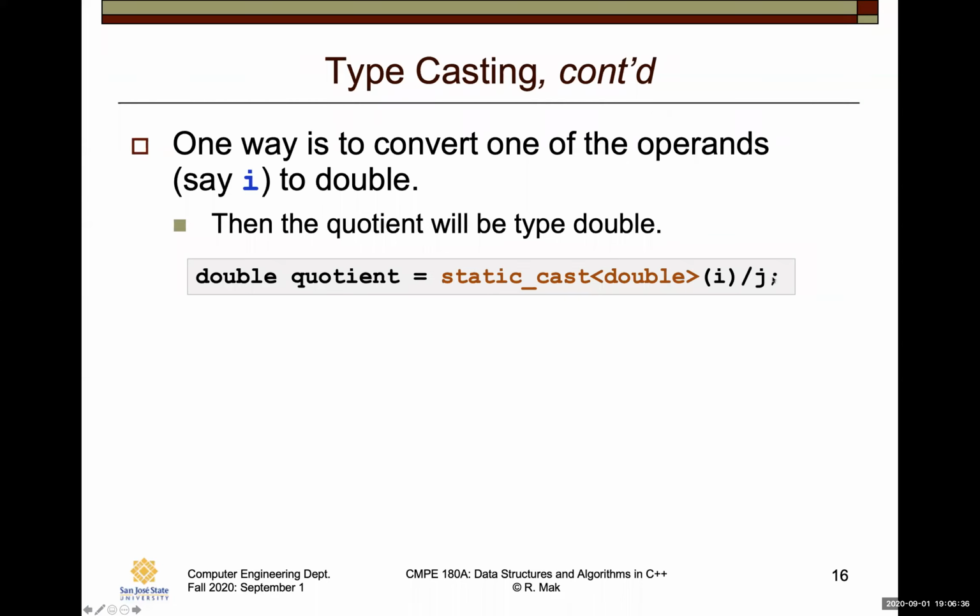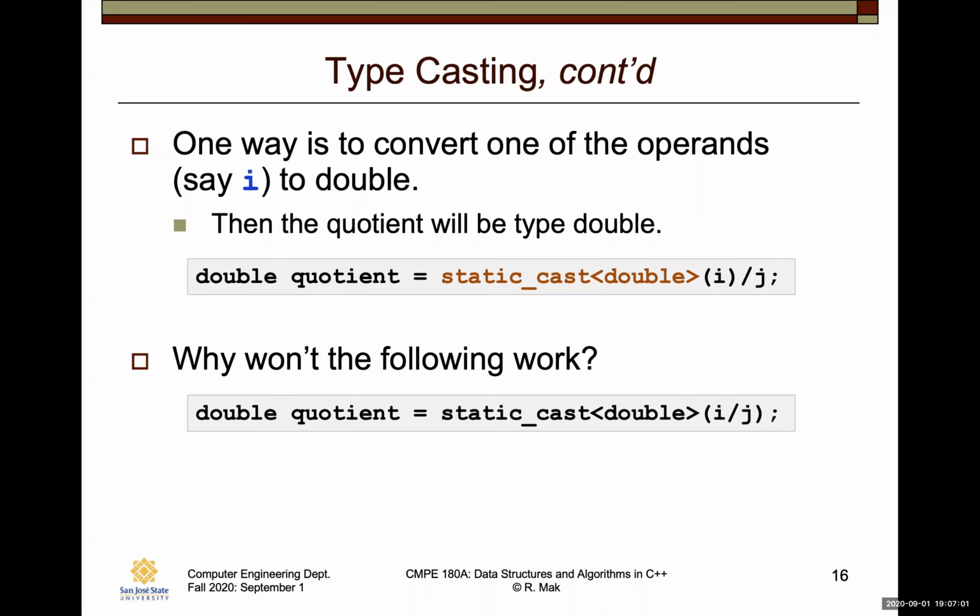Then we divide that by j, but now the numerator is a double value, and so when we do this division, we will get the fraction. So static_cast is the way we do casting.